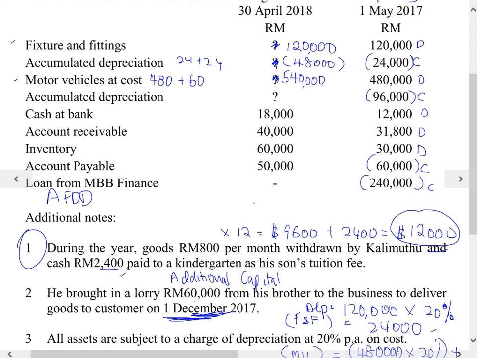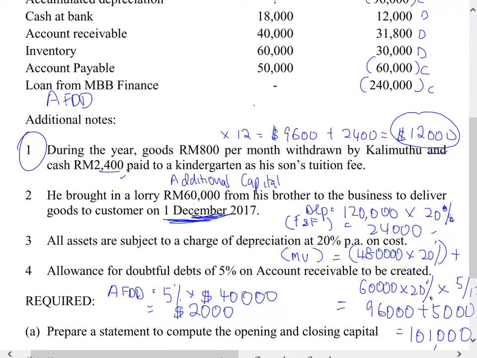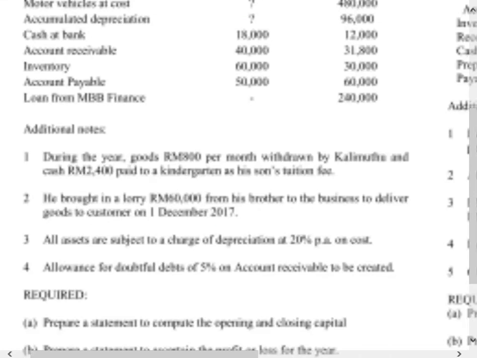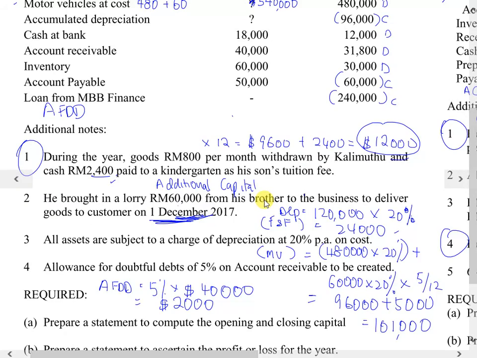What about this 480,000? Depreciate full year. Understand? So my working will be here. 480,000 full year, 20%. Whereas the other 60,000, I'll depreciate only 5 months.